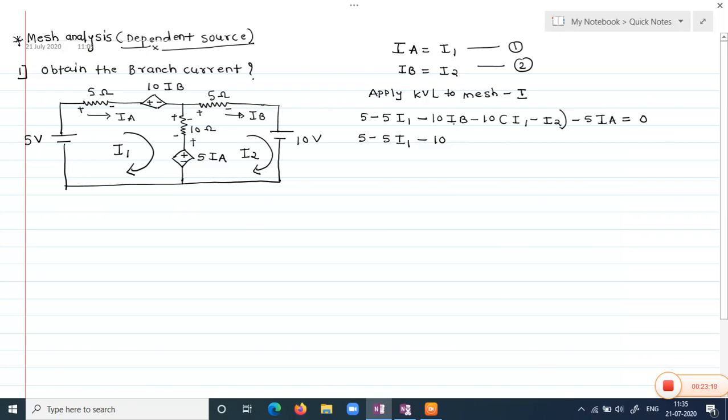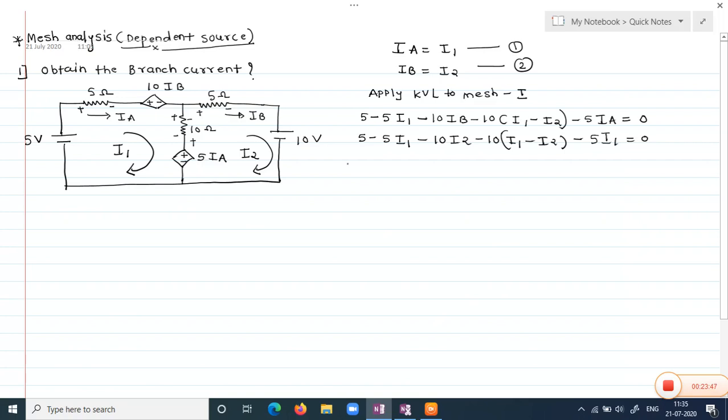Means IB is nothing but I2, so minus 10 I2, minus 10 times (I1 minus I2), minus 5 IA. Then IA is what? IA is the current flowing through the first loop, that is 5 I1.